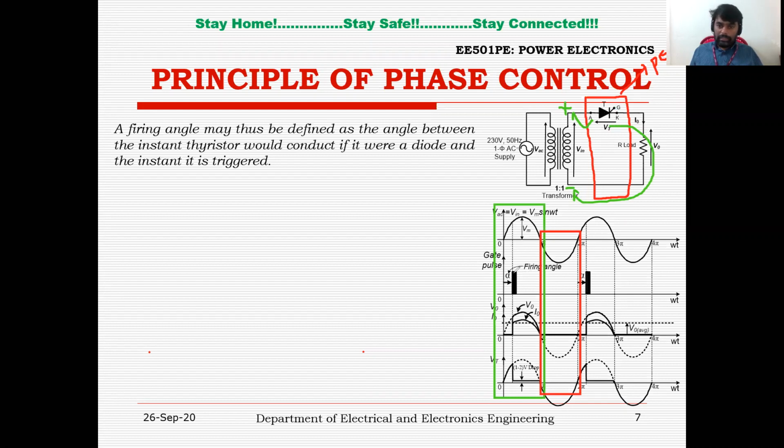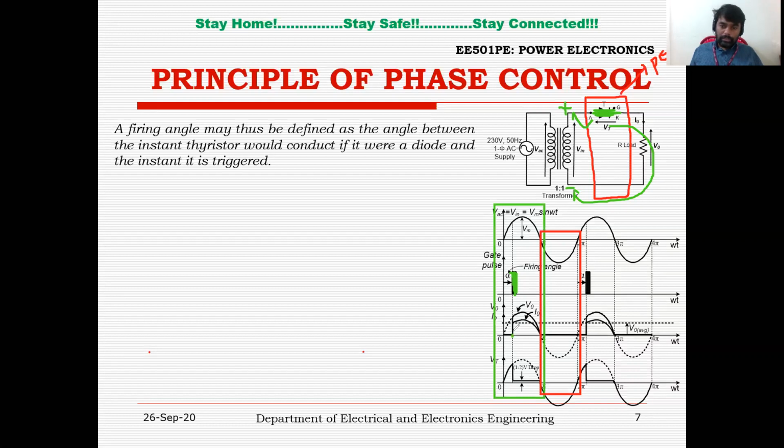At omega T equal to alpha, where alpha is the firing angle, we will give the definition of this firing angle, and at this particular point we make the thyristor on. Making the thyristor on means it is replaced by a short circuit, and the current always leaves from the positive terminal. It flows from supply positive, T anode, T cathode, load, and supply negative. So this is the direction of current flowing from source to load and back to the source.